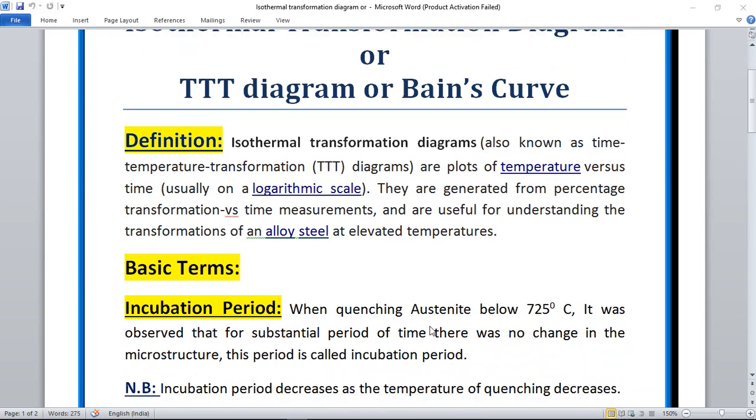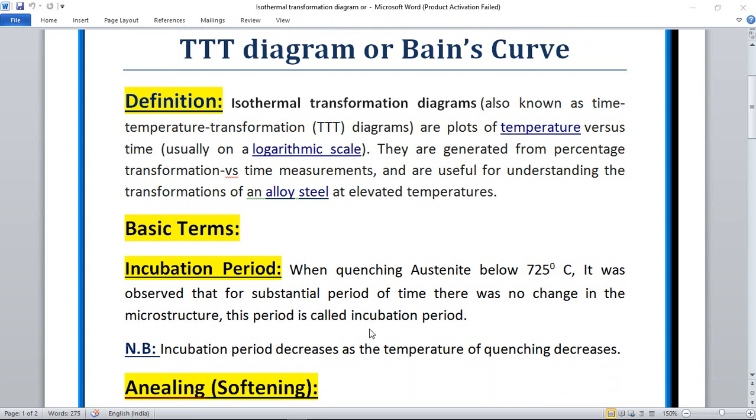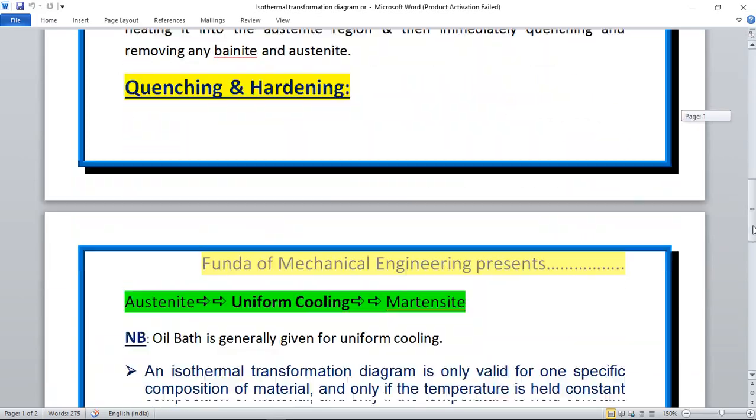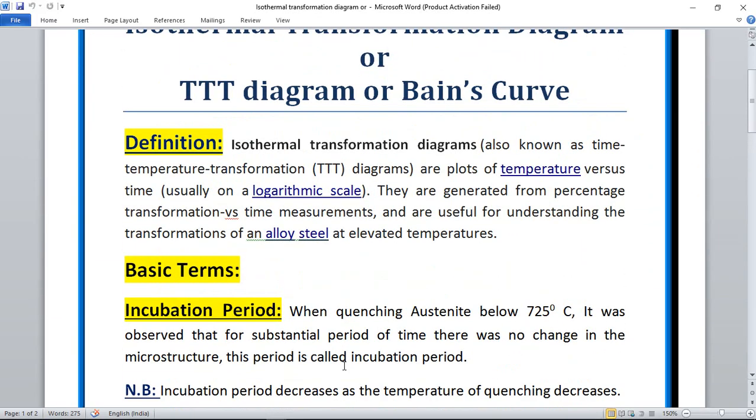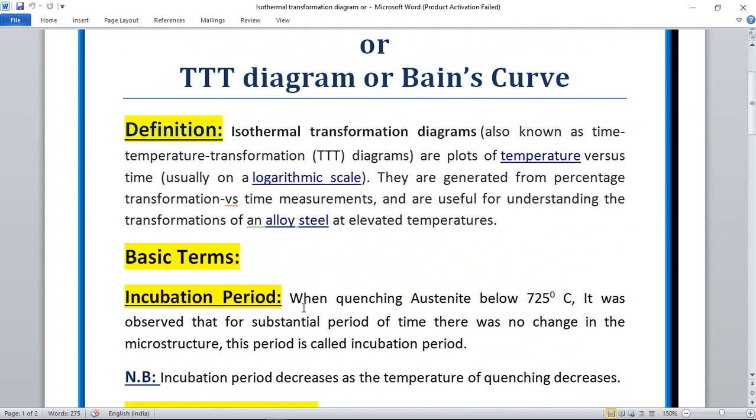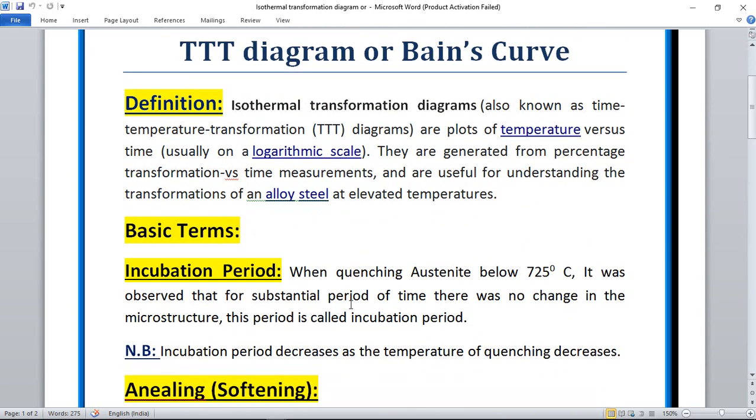Let me first go through the basic terminology that we must know before getting the concept of the TTT diagram. I will tell you one by one. The first one is the incubation period.